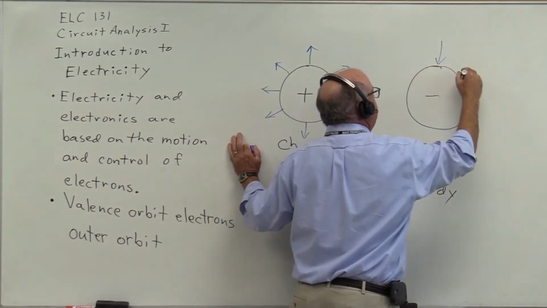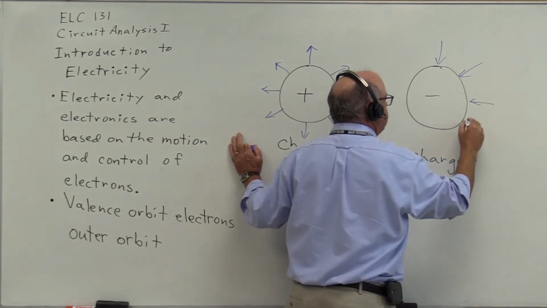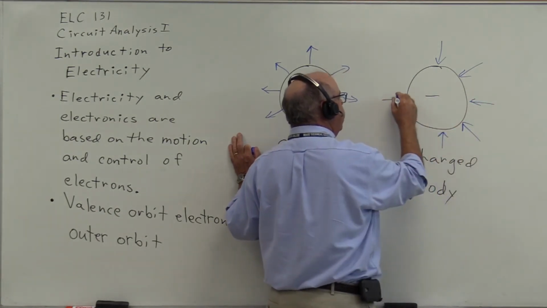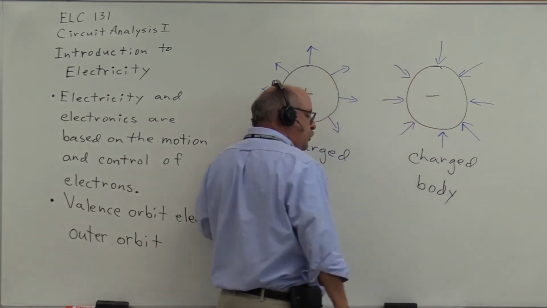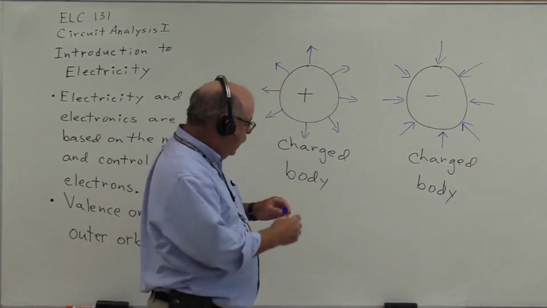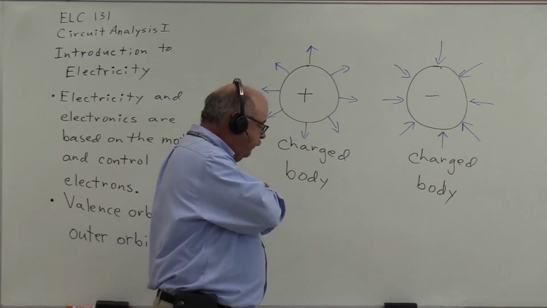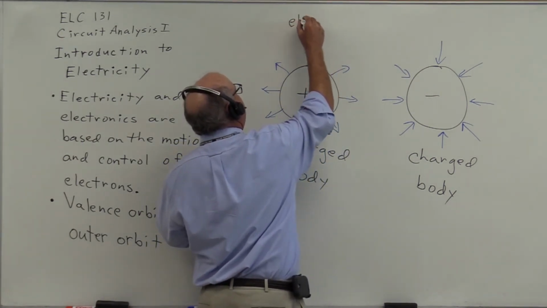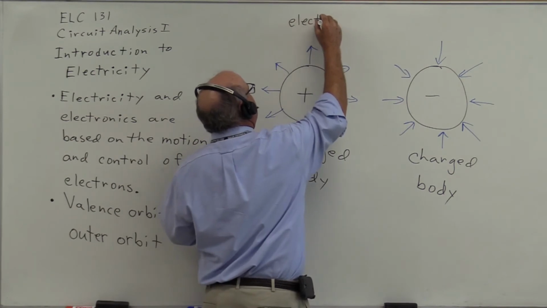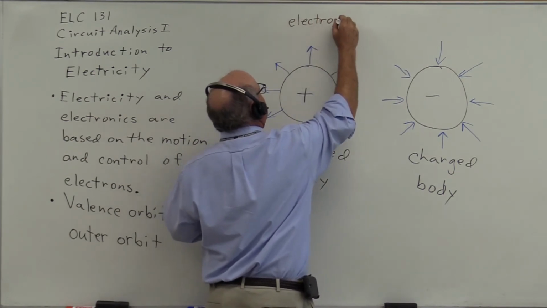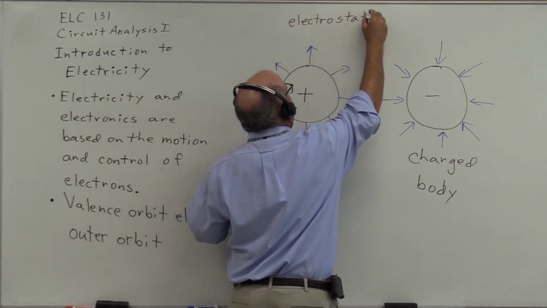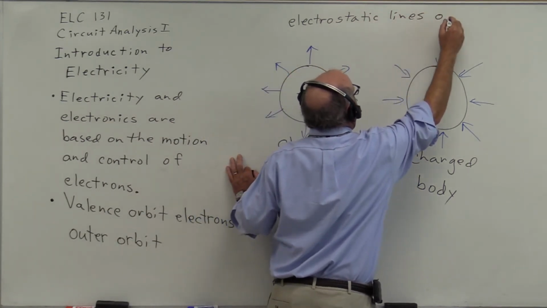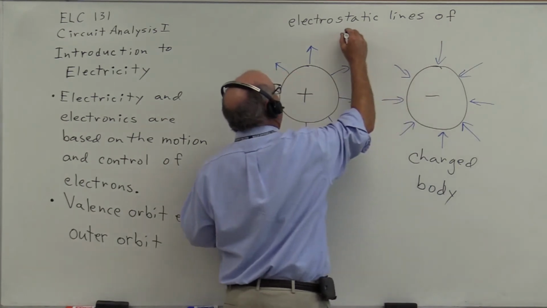And the direction of these lines of force is different depending upon the charge on these bodies. And these lines of force are called electrostatic lines of force.